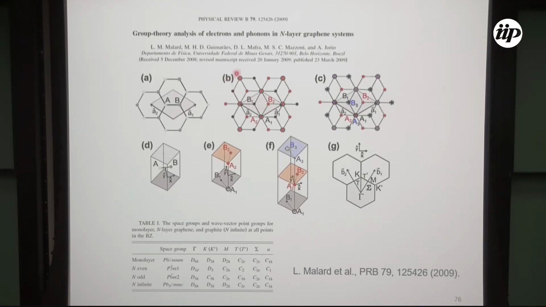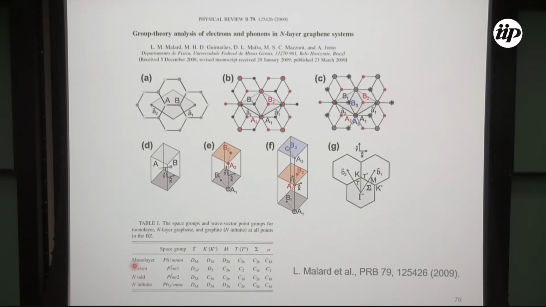In the case of bilayer graphene, if you make a rotation from this atom to this atom, it doesn't work. So you lose the C6, and you lose all those operations in graphite that need the translation. You lose the six-fold symmetry in bilayer graphene, and you go to three-fold symmetry.